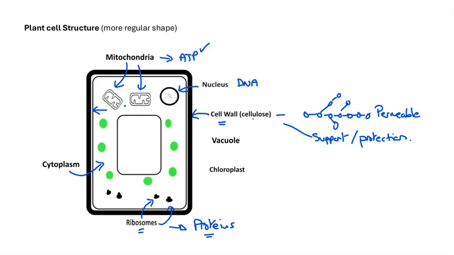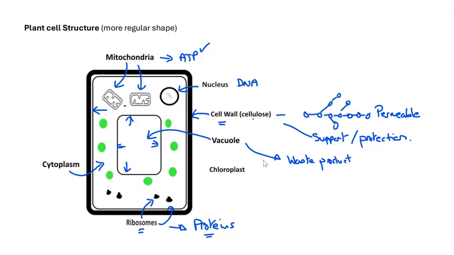Also present within plant cells is this membrane in the center here. And so there's this large central organelle with a membrane around the outside like so. And this is called the vacuole. The vacuole's functions will include containing some of the waste products of the cell.